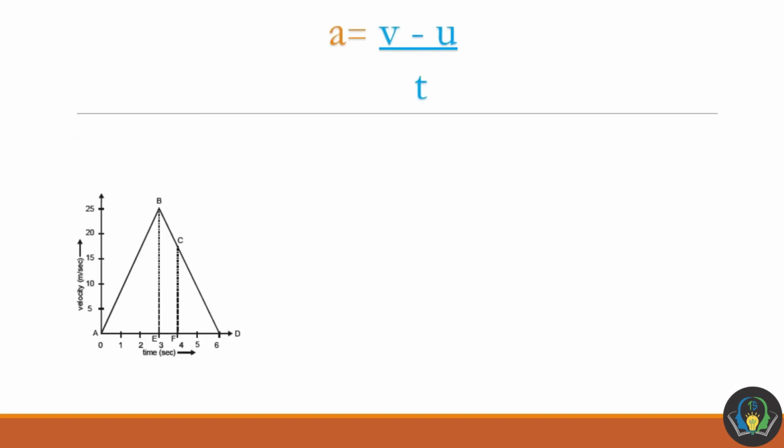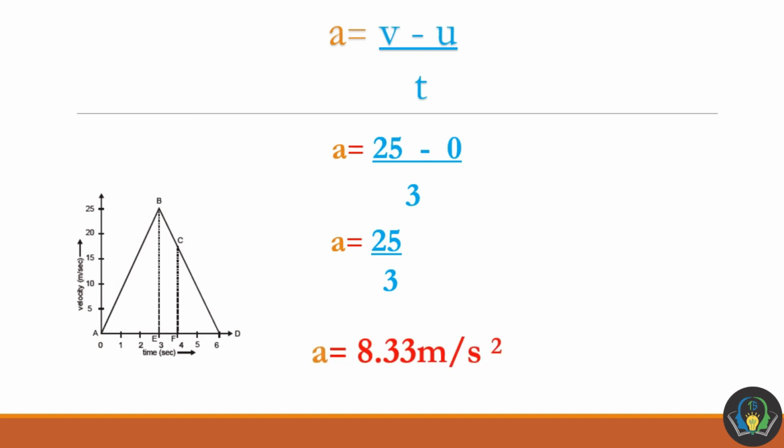So putting it into the formula, V was 25, U was 0. So 25 minus 0 divided by 3, which will give us 25 divided by 3. And when you perform the calculation, it will give you 8.33 meter per second square. You have to go only maximum till 2 decimal digits.